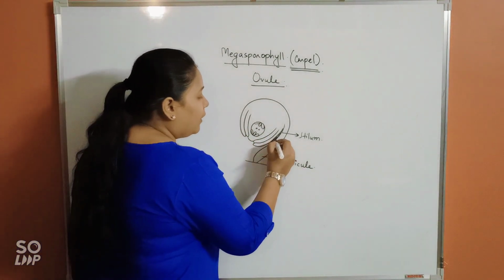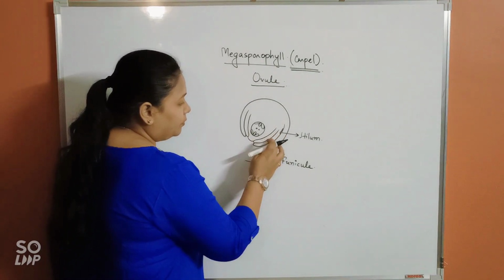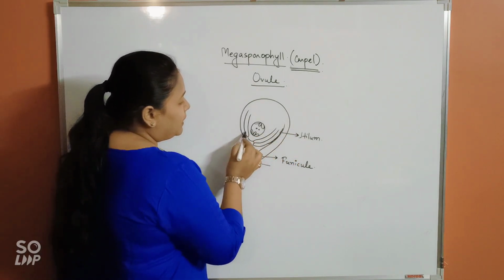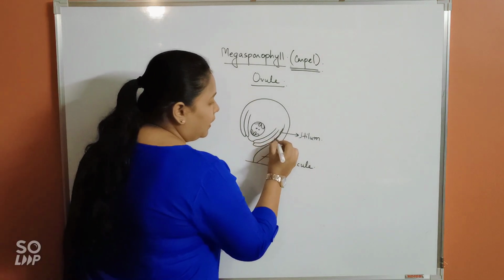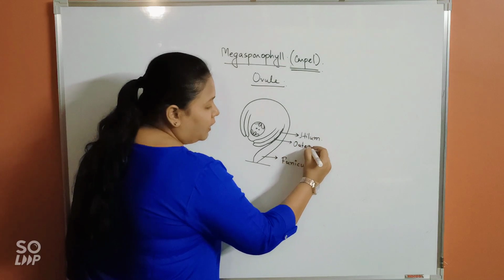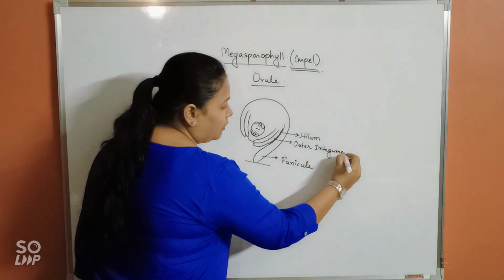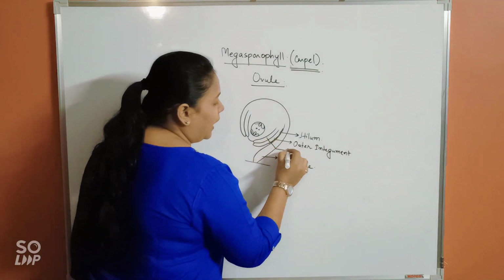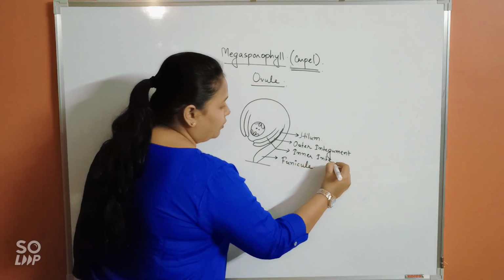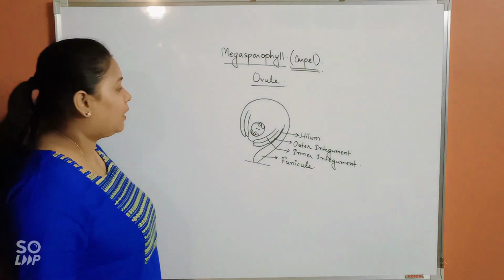Now, if we look at the body of the ovule, the first thing you can see is that the body of the ovule is surrounded by certain protective layers. These are called integuments. So we have an outer integument. Similarly, we have inner integument. Right?